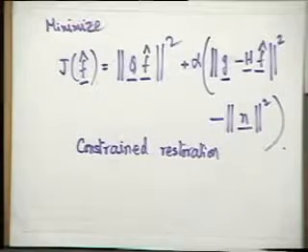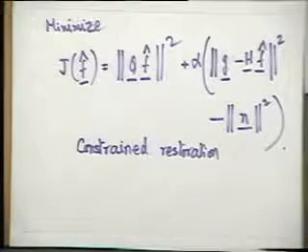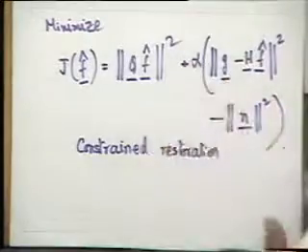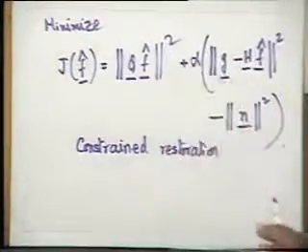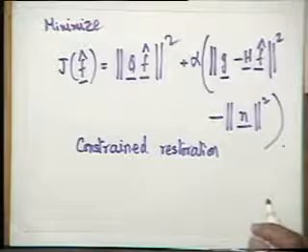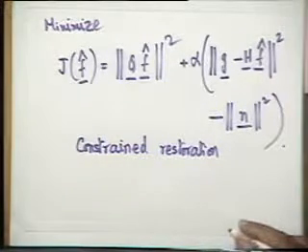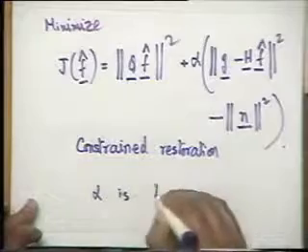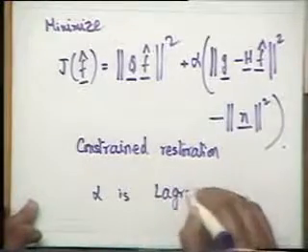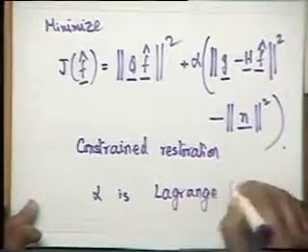Now how to minimize this? Now again, coming to this term alpha. Actually alpha, as I already told you, is a constant, it's a multiplier, and this multiplier is also known as the Lagrange multiplier. So alpha is what is known as the Lagrange multiplier.